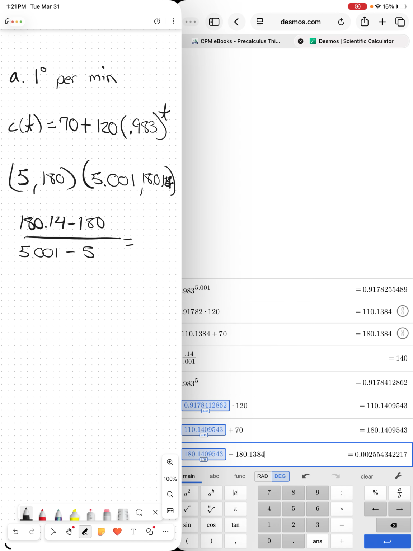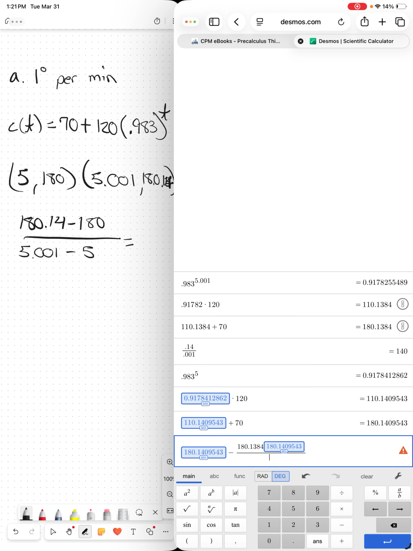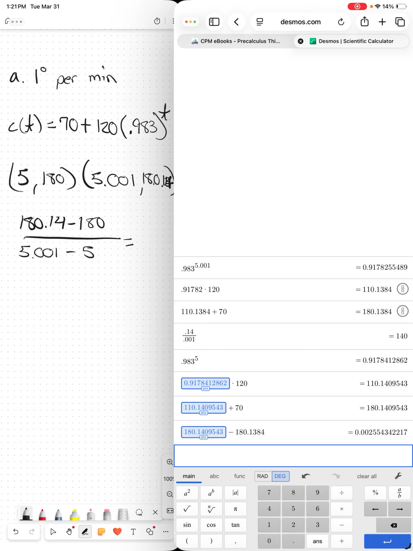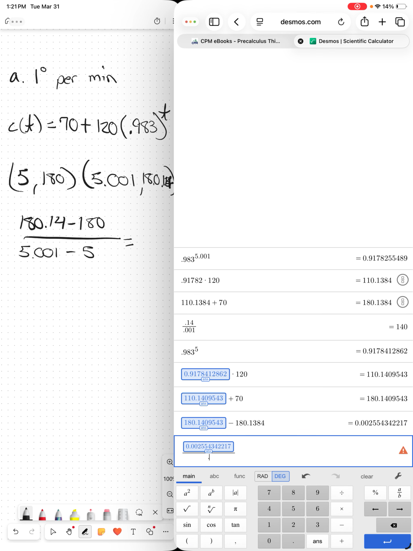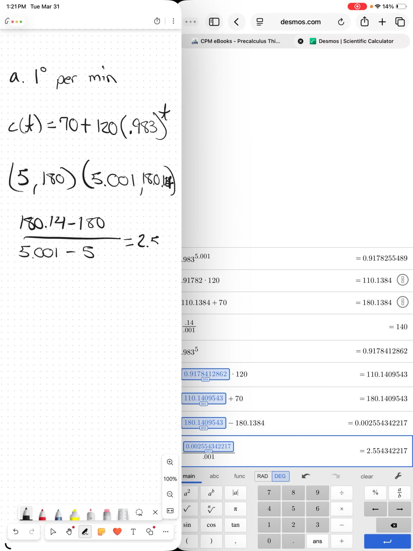I got 180.1409. So rounding wise, right? So you end up getting that divided by 0.001, and you get 2.55 degrees per minute. It's a little better.